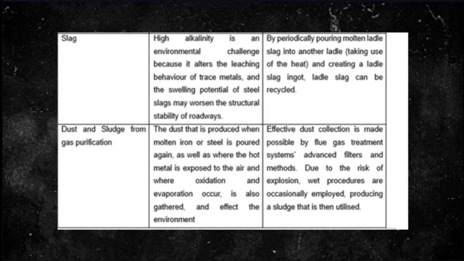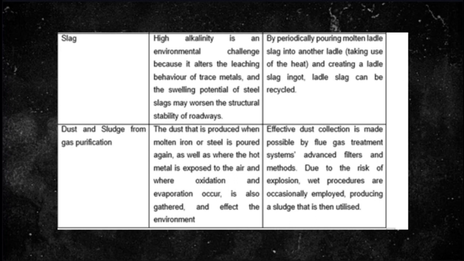And the last one is the effect of dust and sludge from gas purification. The dust that is produced when molten iron or steel is poured, as well as where the hot metal is exposed to the air and where oxidation and evaporation occur, is also gathered and affects the environment.